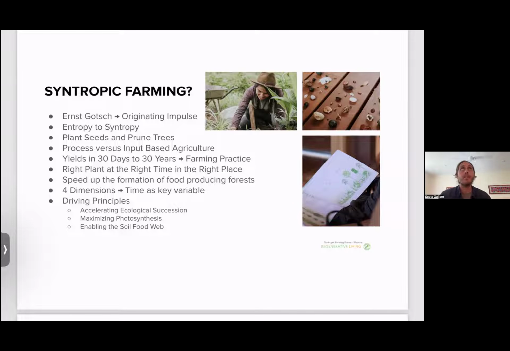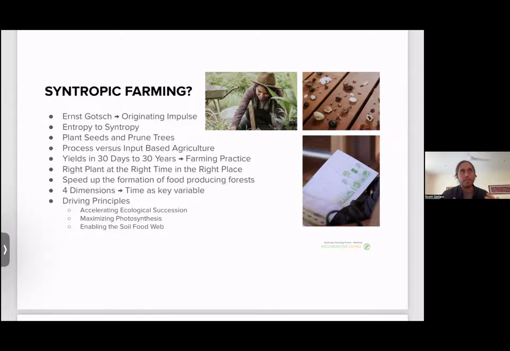Another aspect of syntropic farming that, while not unique to it, I think it gives great emphasis to, is that it is a process-based agriculture. We can compare that to an input-based agriculture. Most conventional agriculture, or I'd say all conventional agriculture, practically all organic agriculture is input-based, right? We go somewhere else, we purchase something, we bring it to the farm.